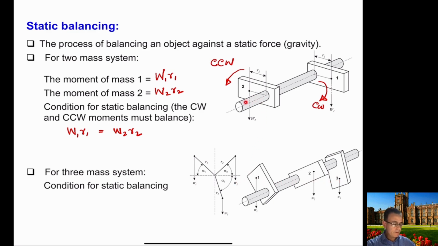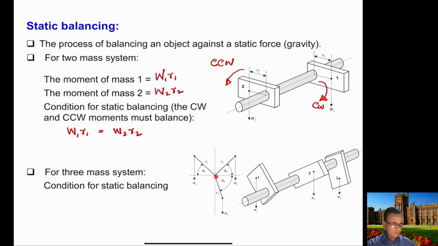Now in the two mass system, the masses were horizontal. So R1 and R2 were the perpendicular distances between the center of gravity and the center of the shaft. But in this case, the masses are at some angle, as you can see from this side view.